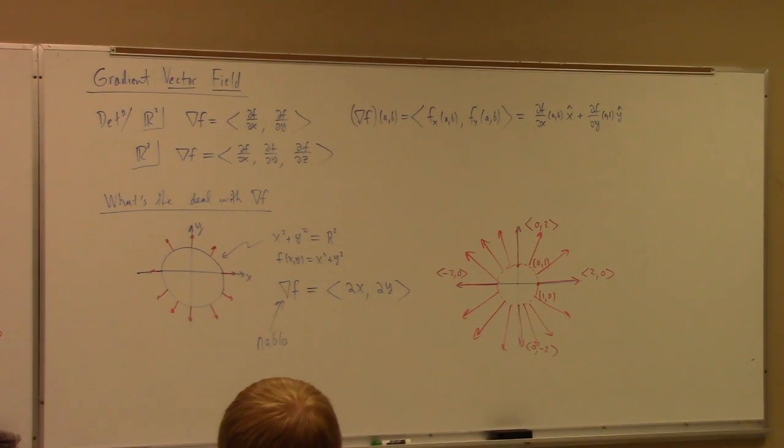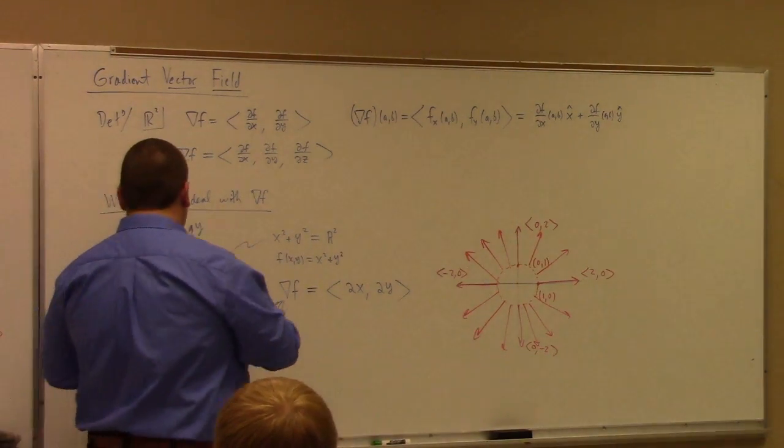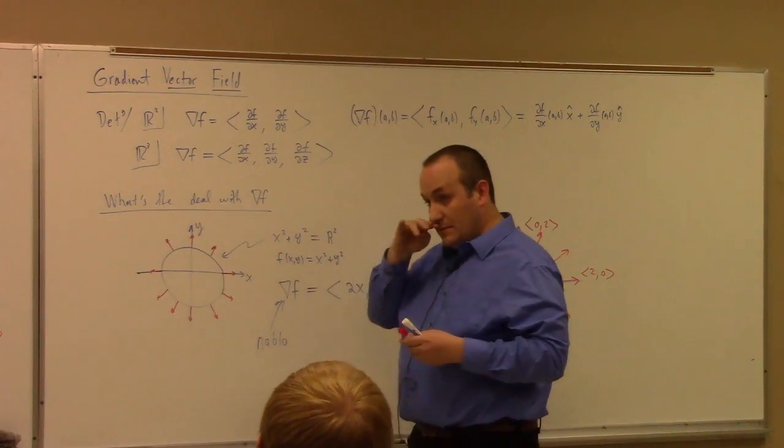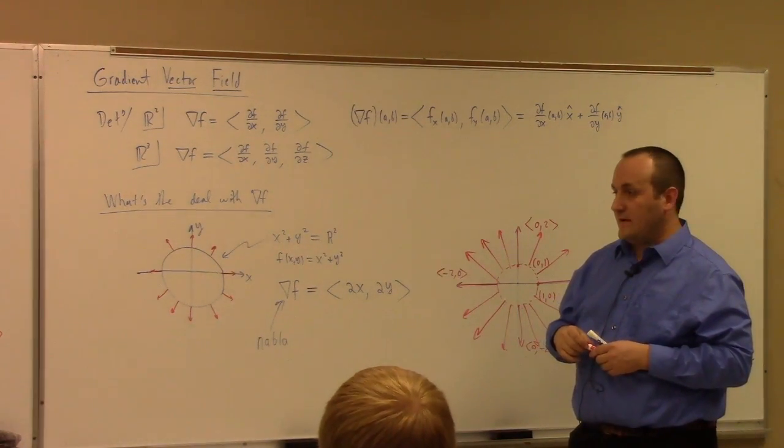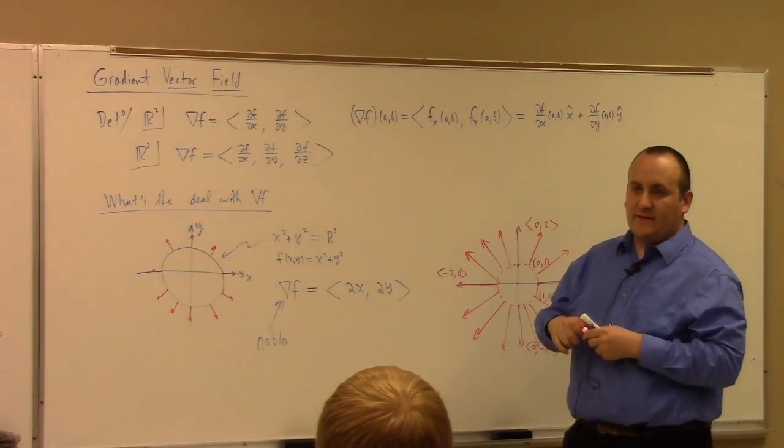What's the significance? Yeah, okay, very good. They're normal to the circle, that's true, in the sense that if you drew a tangent to the circle, they'd be perpendicular. Totally on board with that. How about if I think about another circle?